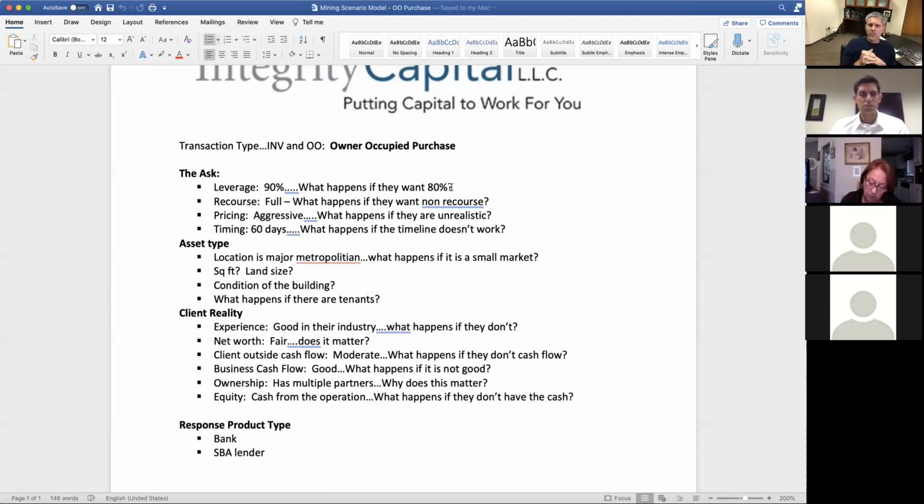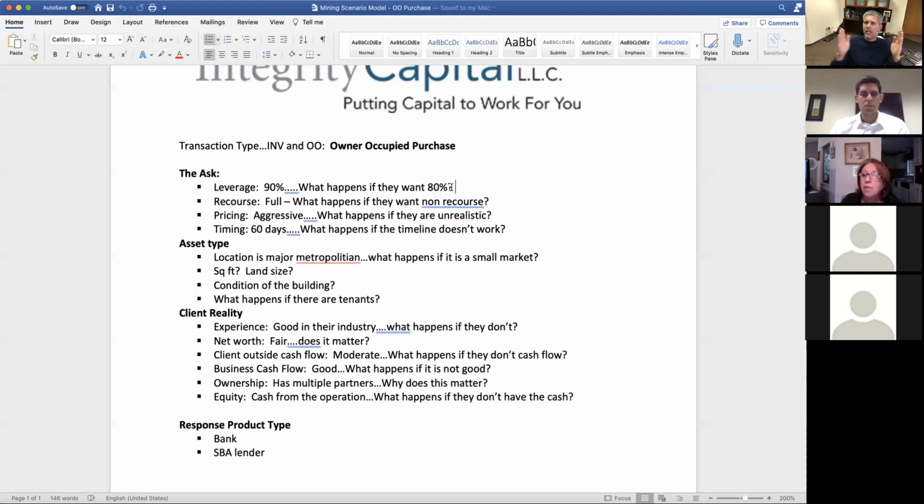What that means in most instances, at 80% or lower, with more money down, 20, 25% or more, is that they don't have to use the SBA, the Small Business Administration program. It broadens the scope of products they can use.